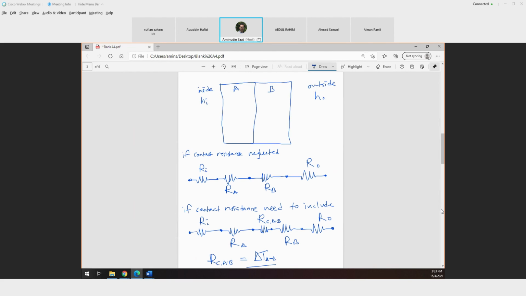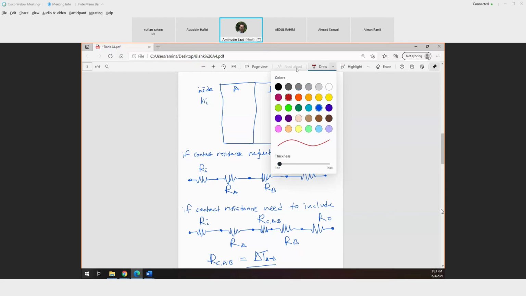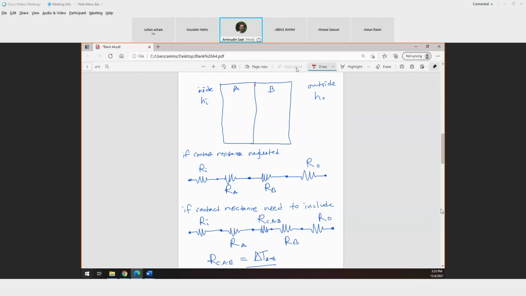This is the area. Okay. So what is the temperature difference? It is the temperature between surface A and surface B. Normally, they will give you the difference in the temperature, very small, but not too much compared to the temperature on the other side.